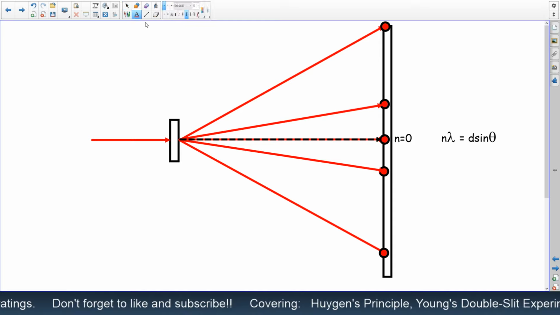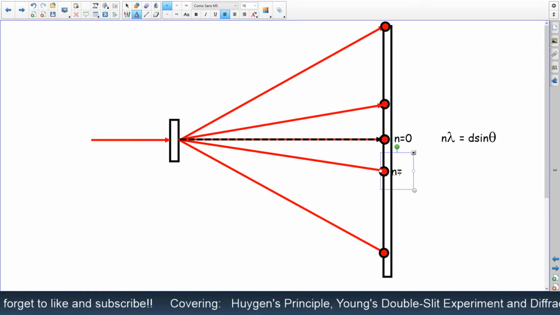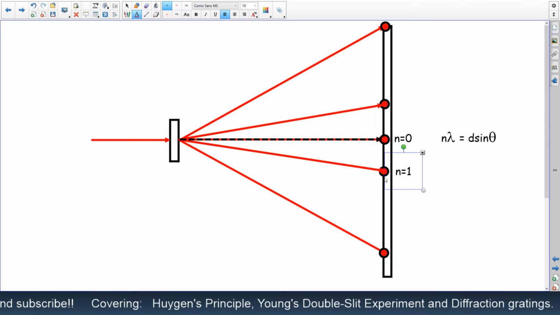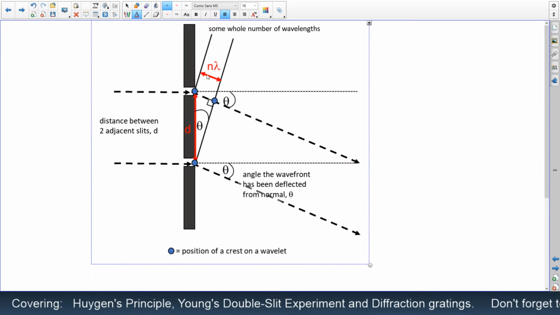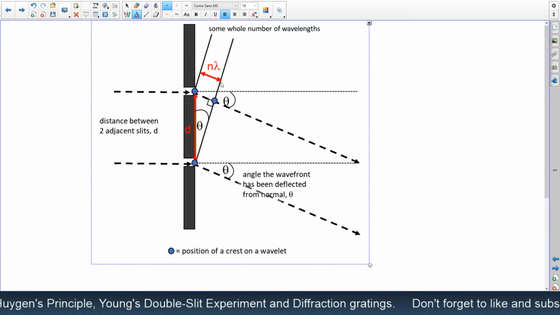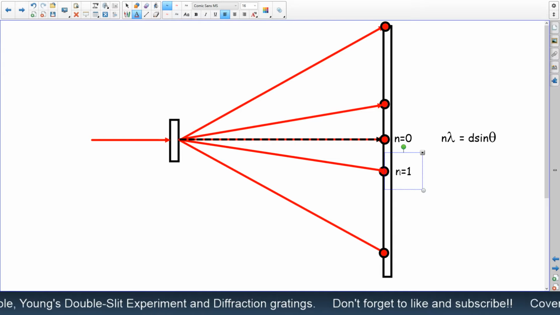Now, the next position outwards where we see a maximum is when n equals 1. Why is that? Because if n didn't equal 1, then this distance n lambda wouldn't be a whole wavelength, and if it wasn't a whole wavelength, then we wouldn't be seeing a bright fringe.